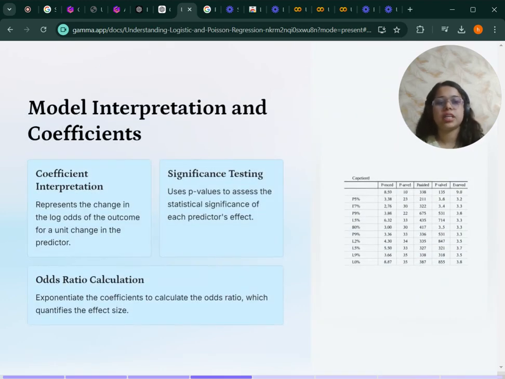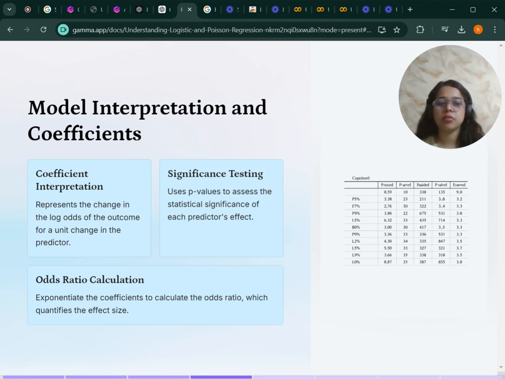Now, model interpretation and performance. So we have coefficient interpretation, that is, the coefficient in regression represents the change in the log odds of the outcome for a unit change in the predictor. For example, a positive coefficient for income suggests higher income increases the likelihood of purchasing. Next, we have significance testing. We use p-values to determine whether each predictor significantly impacts the outcome.